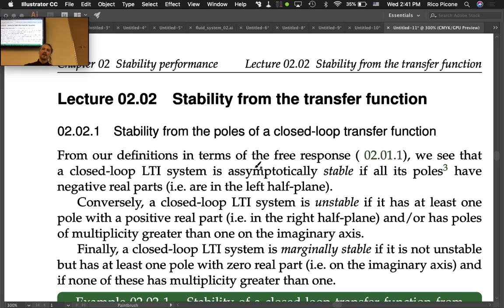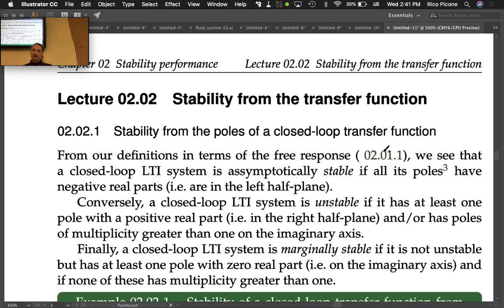So we can interpret stability from the poles of the system, or the eigenvalues, or the roots of the characteristic equation. All equivalent, remember. That was one of the things we learned in systems.